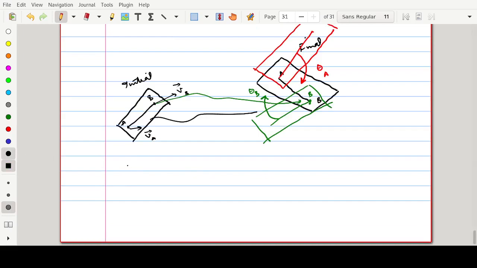Now in problems, the most important relation that you have to use is this: VB is equal to VA plus omega k cross RBA. So this is just omega.